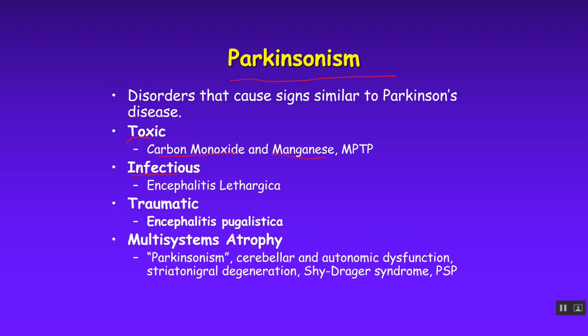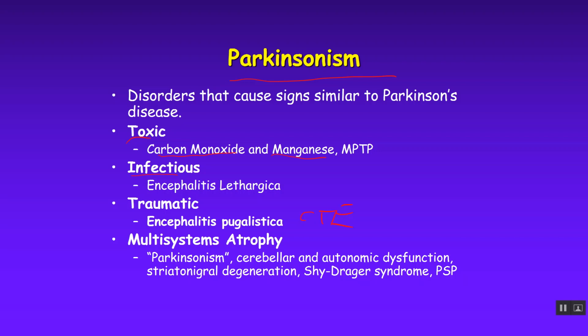Infectious, encephalitis lethargica, just an encephalitis that impacts the dopaminergic neurons. Traumatic, the encephalitis pugilistica that I was mentioning, which I think CTE could probably be very similar to. You're getting pounded in the head over and over again. That repetitive trauma causes disruption of axons between nuclei.